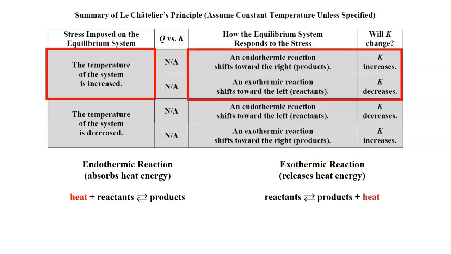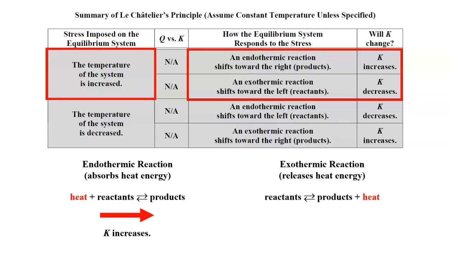So let's first consider what happens if the temperature of the system is increased. If you have an endothermic reaction, it absorbs heat energy. So when the temperature of the system is increased, you can think of this as adding heat to the system. So an endothermic reaction will shift toward the right, toward the products, and as a result, the value of K increases.